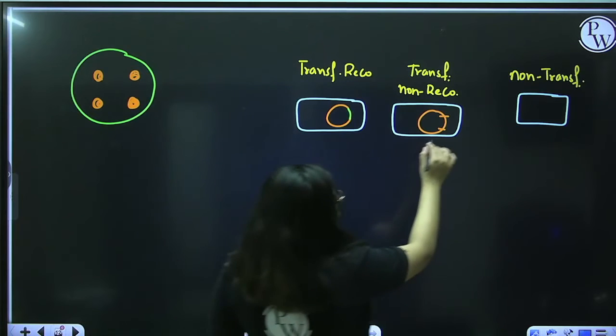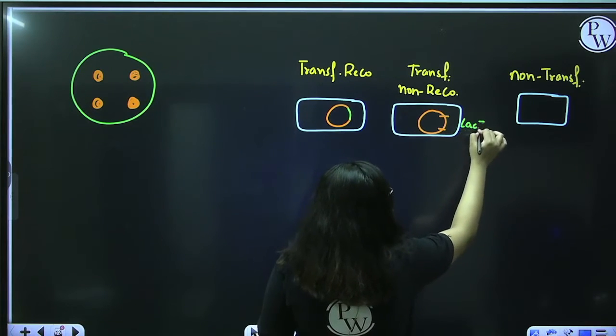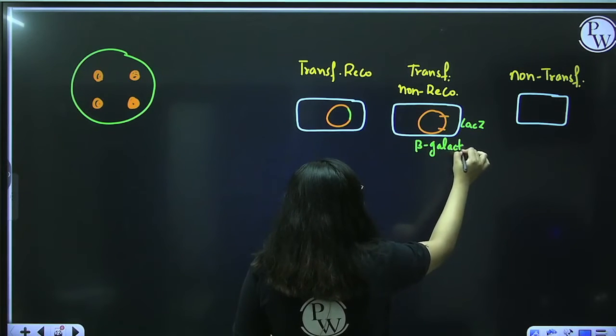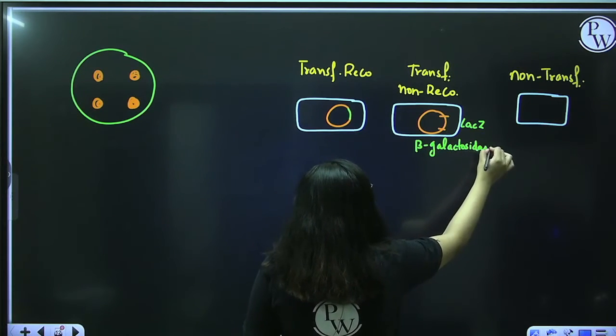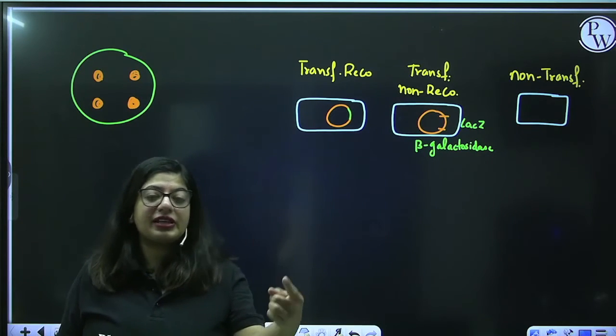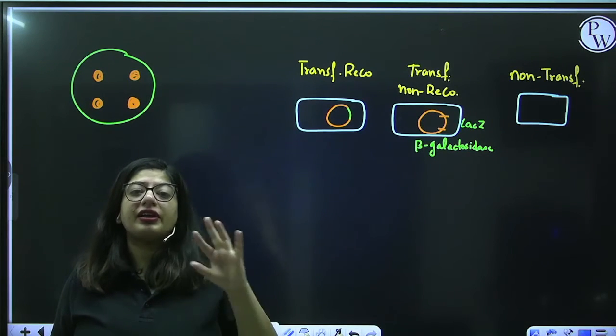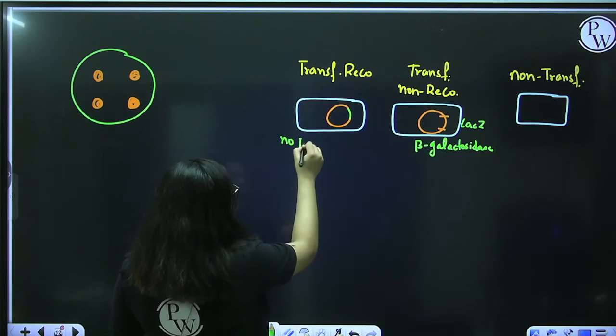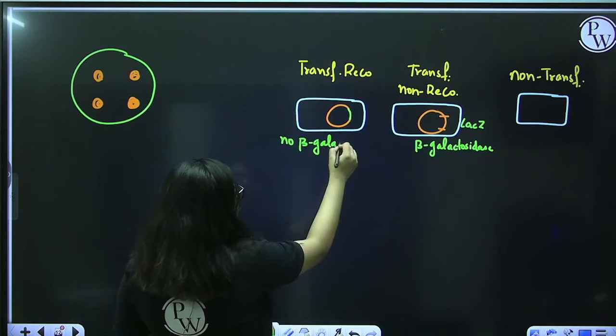If it has an intact lacZ gene, then the lacZ gene will be producing beta-galactosidase. Okay? In this one, because recombinant has been formed, the foreign DNA has been added inside the lacZ, insertional inactivation of lacZ has occurred, so there will be no beta-galactosidase that can be produced.